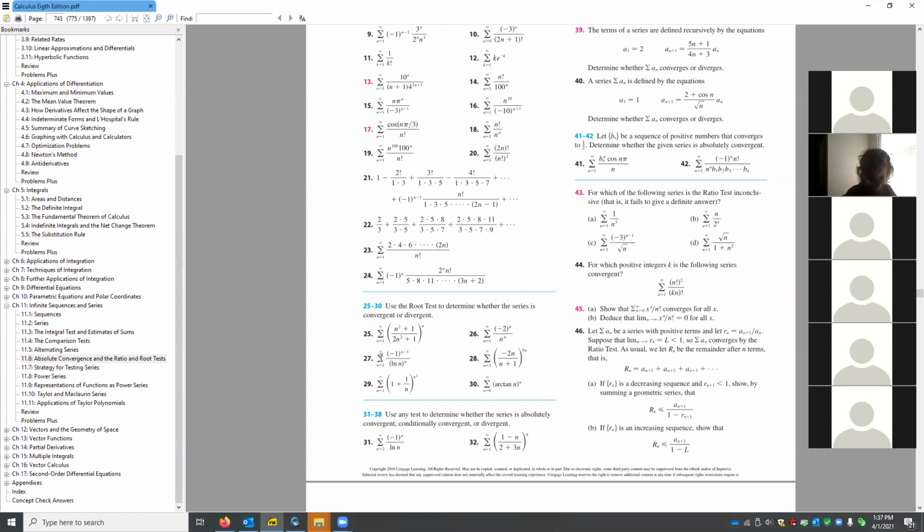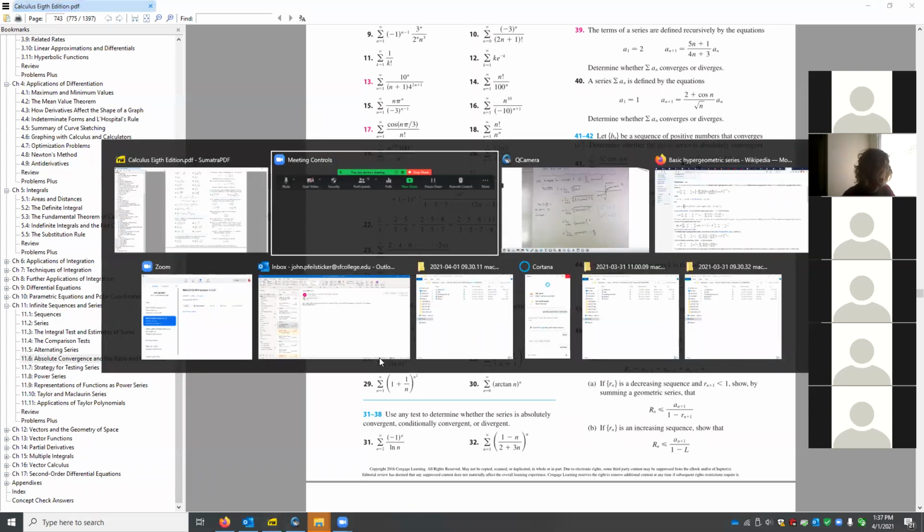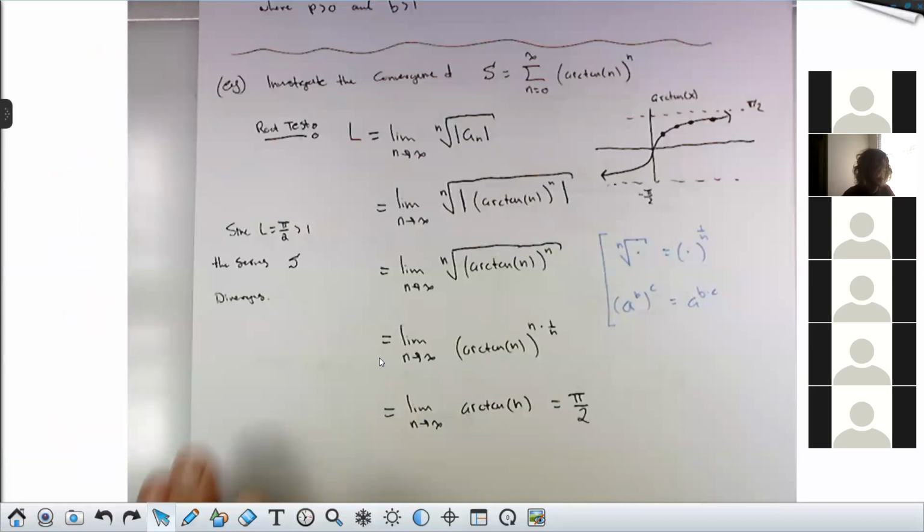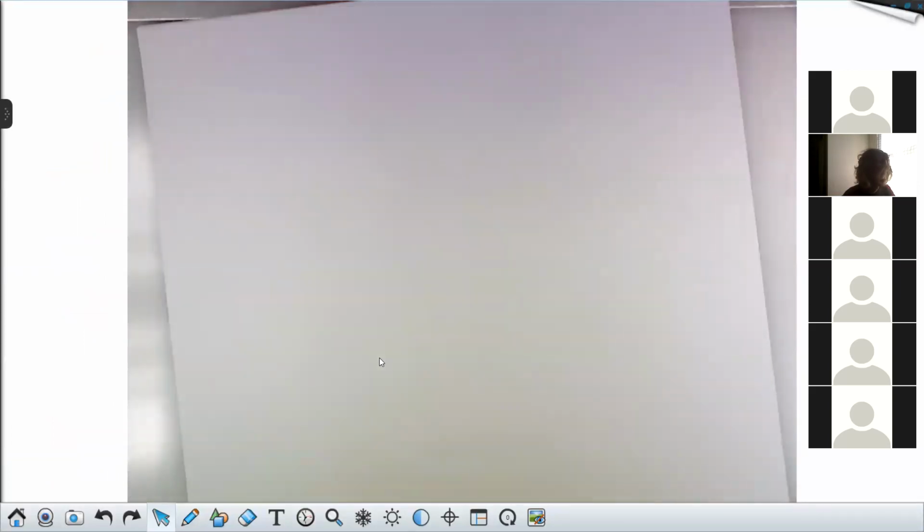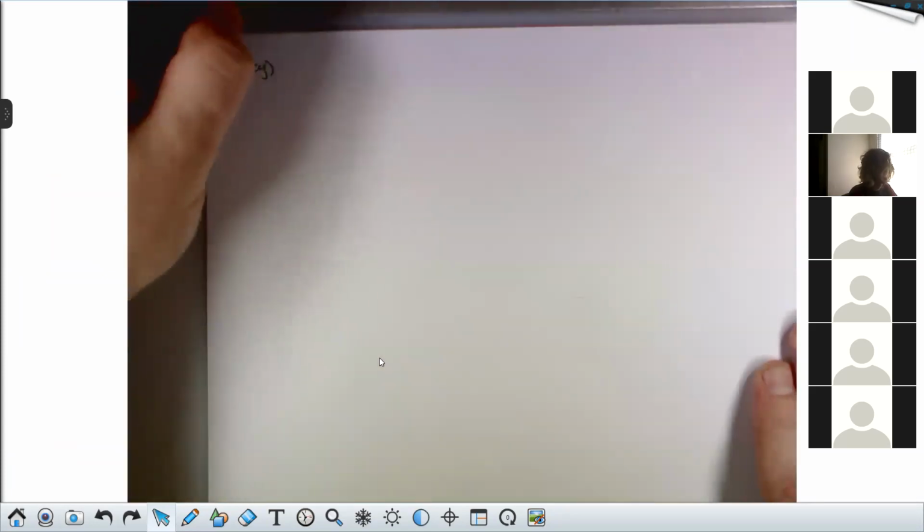If possible, let's try the root test. Because again, we've got a bunch of stuff raised to the n. Root test is a powerful tool. It'll tell me that all at once. So last root test example here.